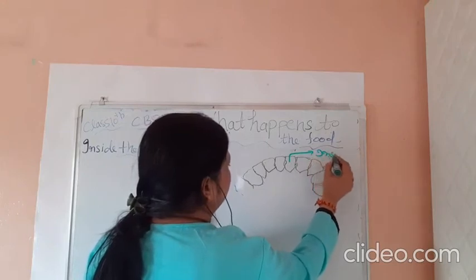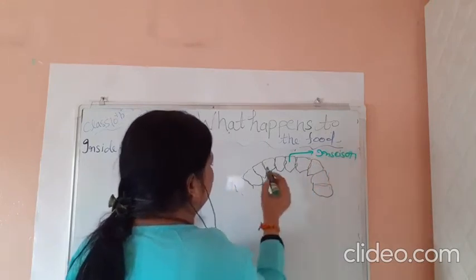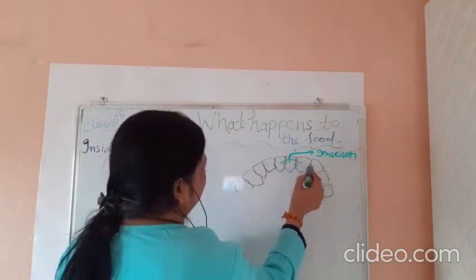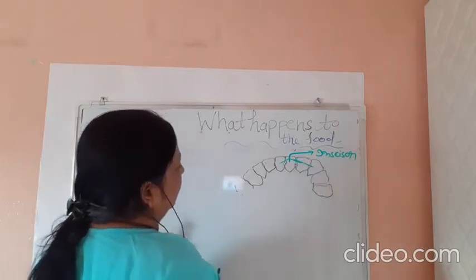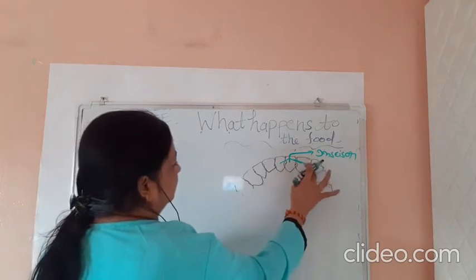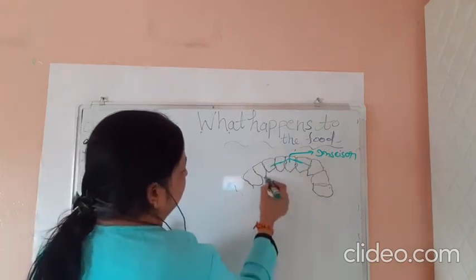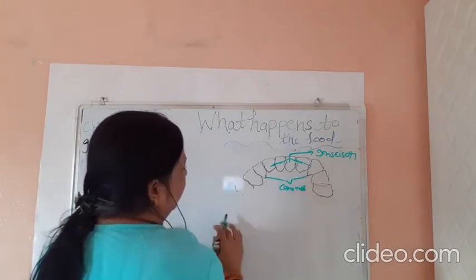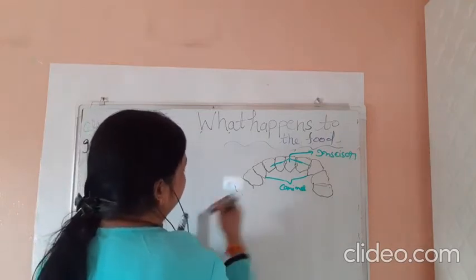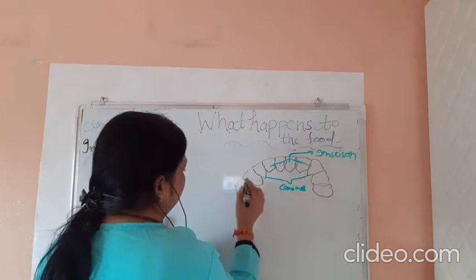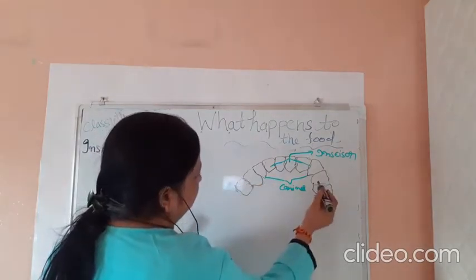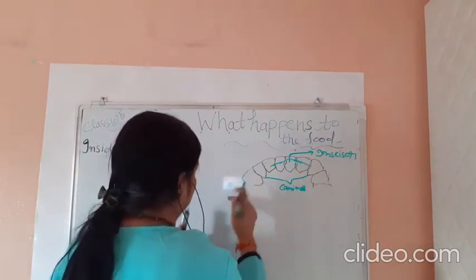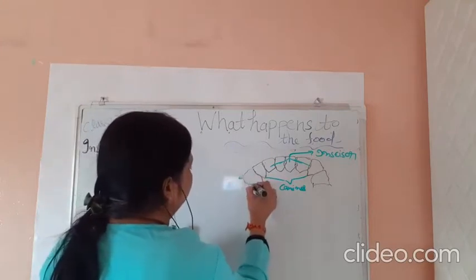There are four incisors in front. This is a canine, and here this is a premolar.